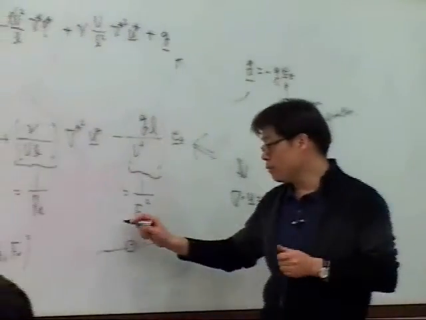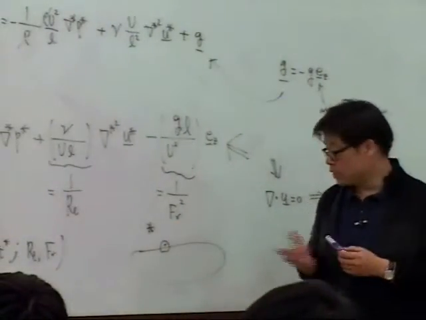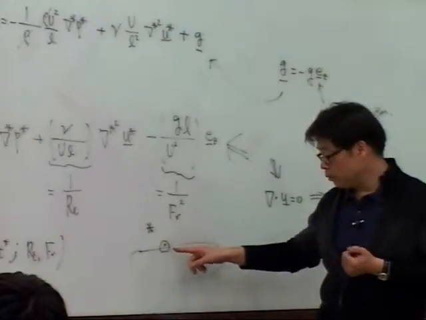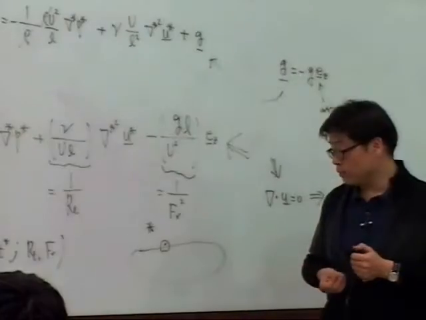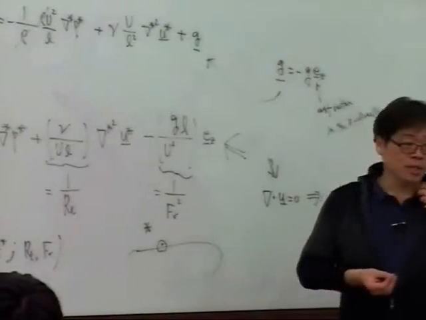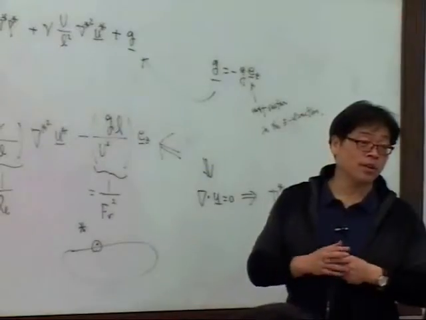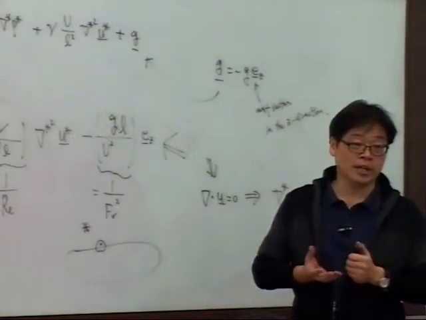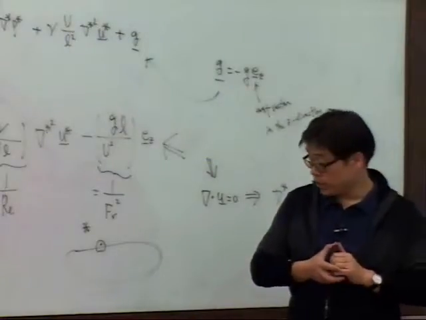If you're away from the body, then viscosity doesn't play much role. But if you're near the surface, then you have to include the viscous effect, even though the Reynolds number is large. That's what boundary layer theory is, and later we'll talk about it.